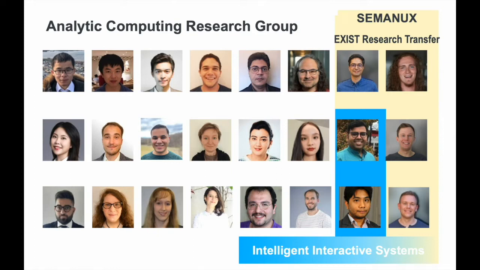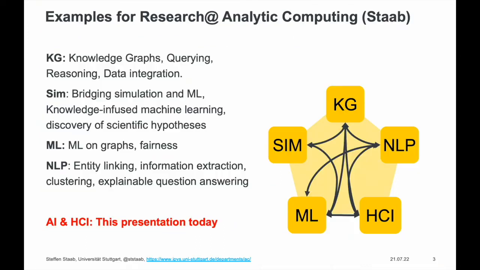And we're very proud that we have this team which has this exist research transfer, which turns some of the basic research into products. So it will be a little bit application-oriented talk, so I hope you don't mind that.